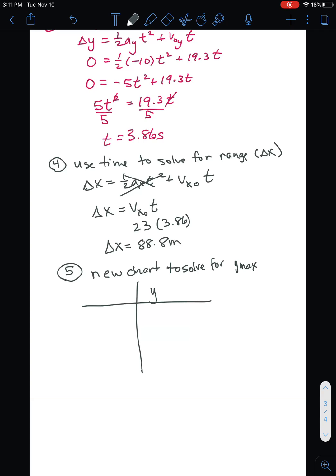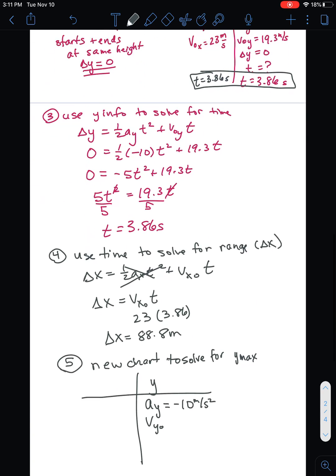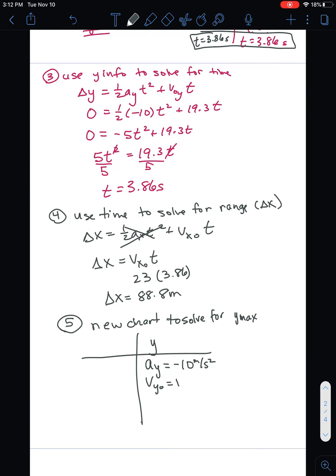And so in the y direction, we know that even when you're at your peak, the acceleration in the y direction is still -10 meters per second squared. We also know that the starting y velocity hasn't changed any, and so it's still going to be 19.3 meters per second.